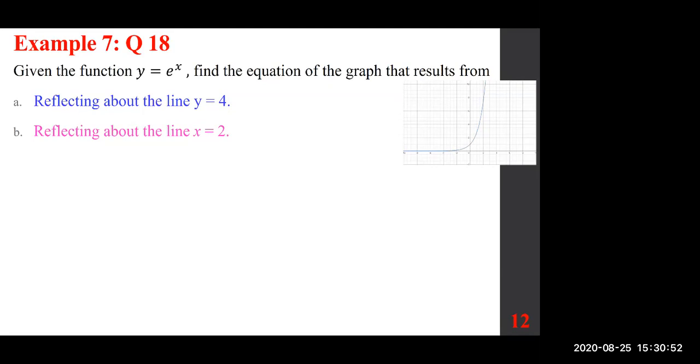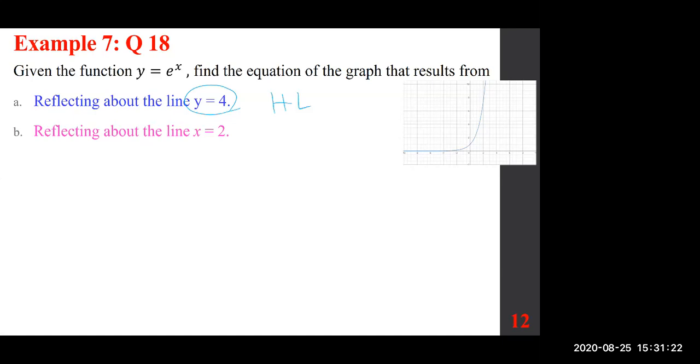And we want to know how it works out if we want to reflect it about the line y equals 4. The first thing you need to remember, y equals 4, is a horizontal line. So this is a horizontal line, and remember, the x-axis is a horizontal line. So that's the concept. You are really thinking about the x-axis, in this case, y equals 4.